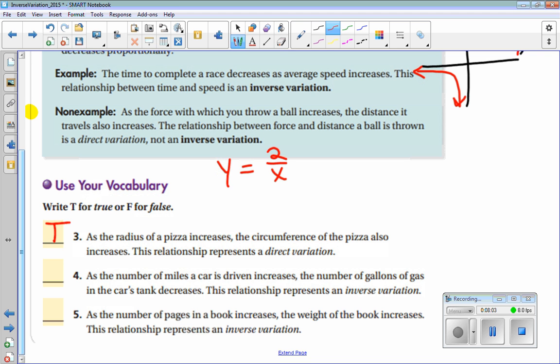As the number of miles a car is driven increases, the number of gallons of gas in the car's tank decreases. That is an inverse variation. One's going up, one's going down. True. As the number of pages in a book increases, the weight of the book increases. This is an inverse variation. What is it? It's a direct variation. Good. Good.